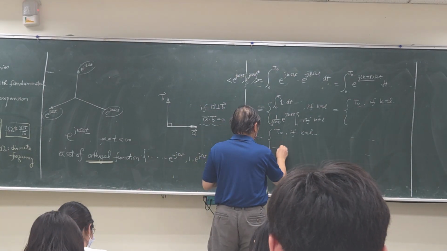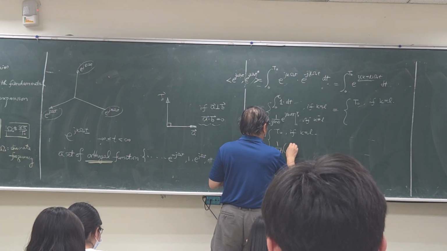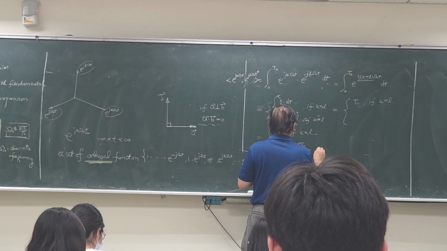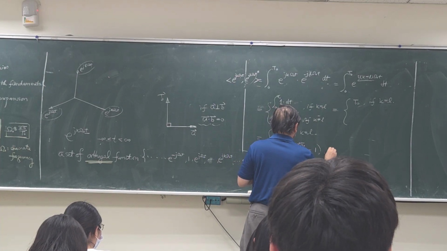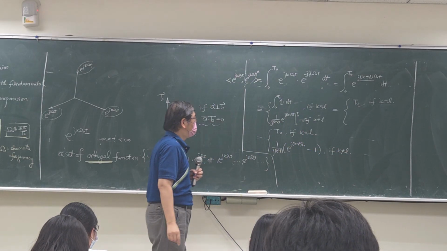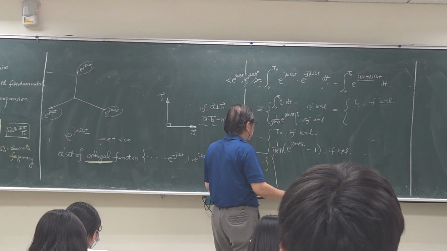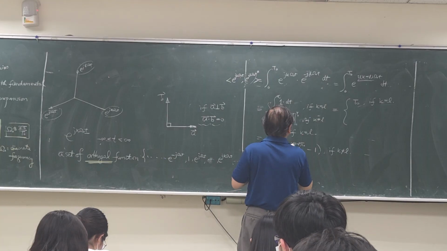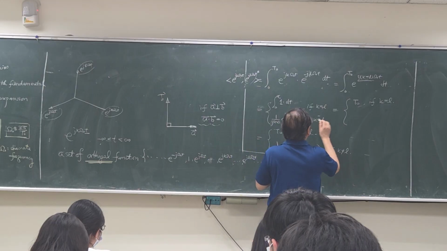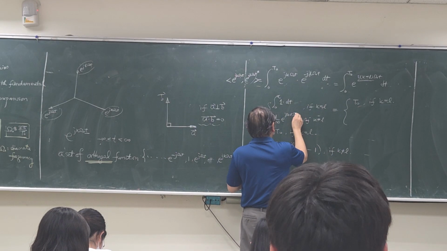Okay, what about the second one? It's e to the j(k minus l) omega 0 T0 minus 1.